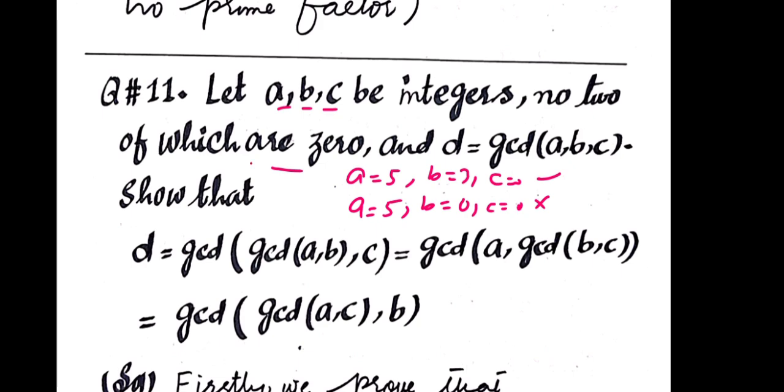So no two of which are 0, and D is the combined GCD of A, B, C. Show that the GCD of A, B and C, the GCD of A with the GCD of B, C, and the GCD of B with the GCD of A, C, all these three are equal and these are equal to D. Actually, this is the associative property of GCD.